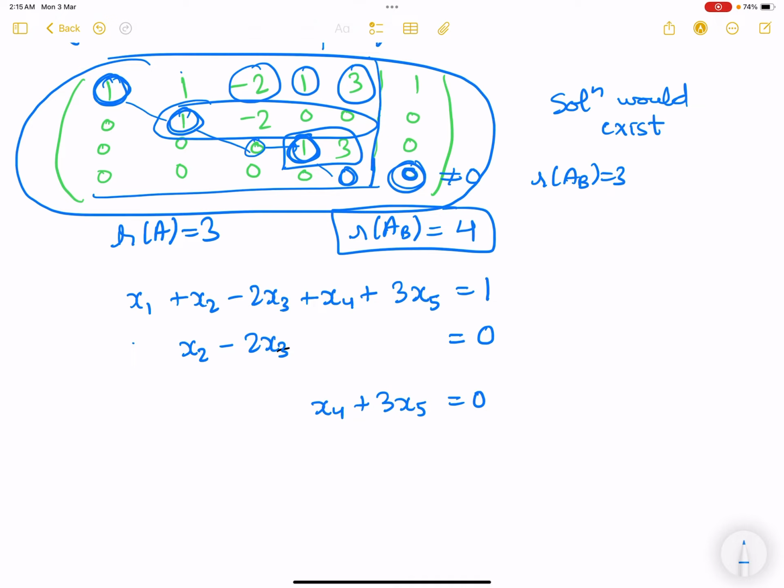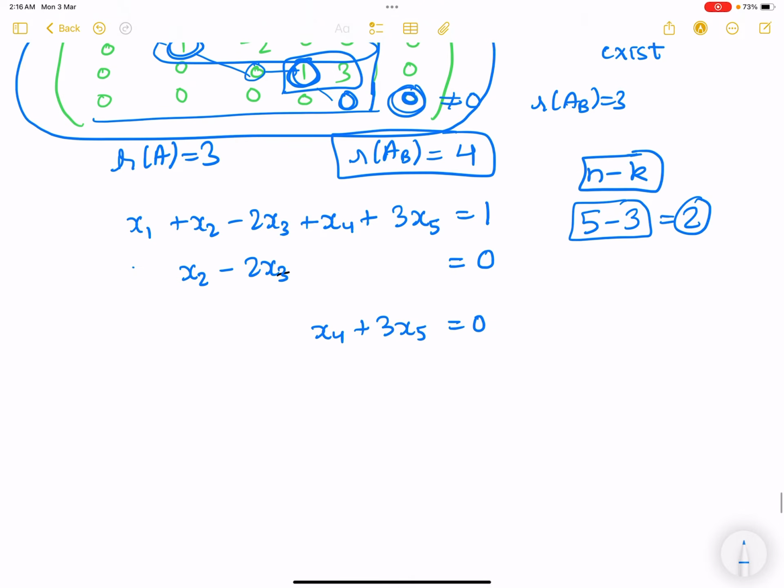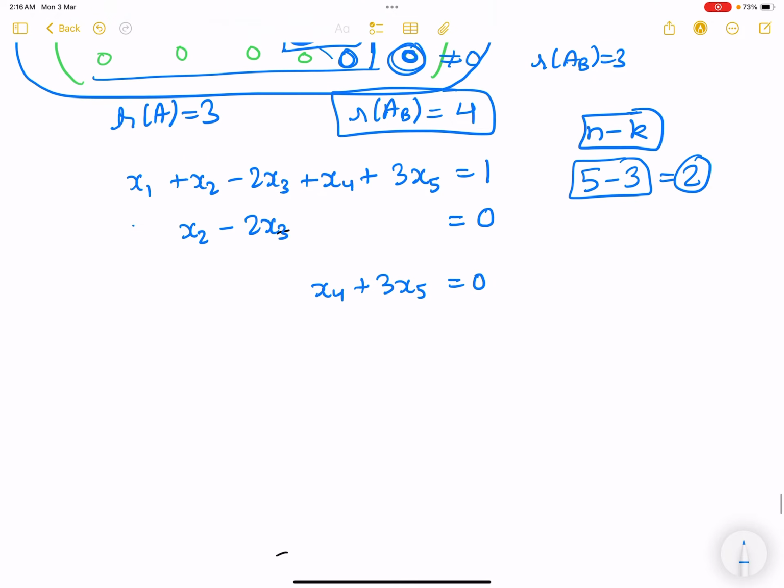Now talking about degrees of freedom, it was calculated as n minus k, where n is the number of variables. 5 variables we have, x1, x2 till x5, and k is the rank that we have found as 3. So degrees of freedom are 2. So this means any two variables we can take to be arbitrary numbers and the rest would be uniquely determined.